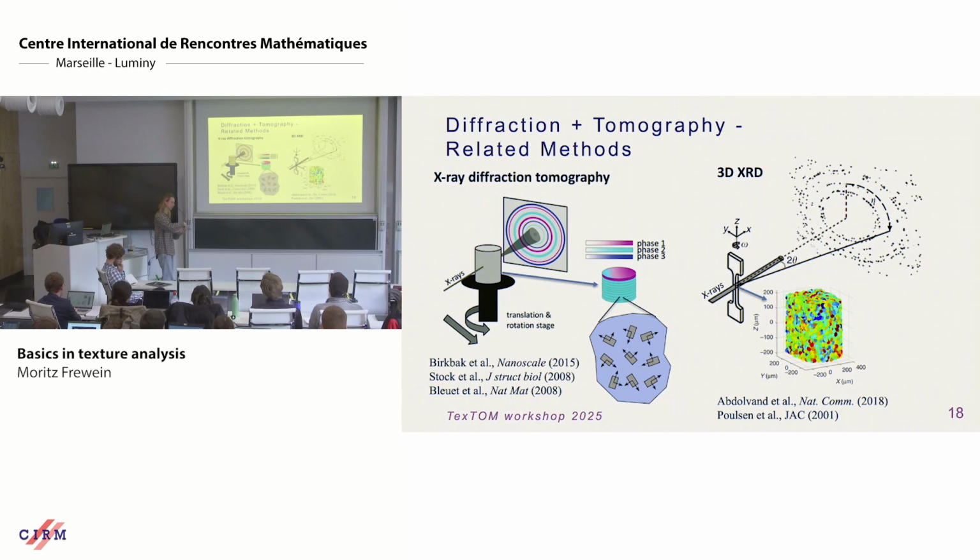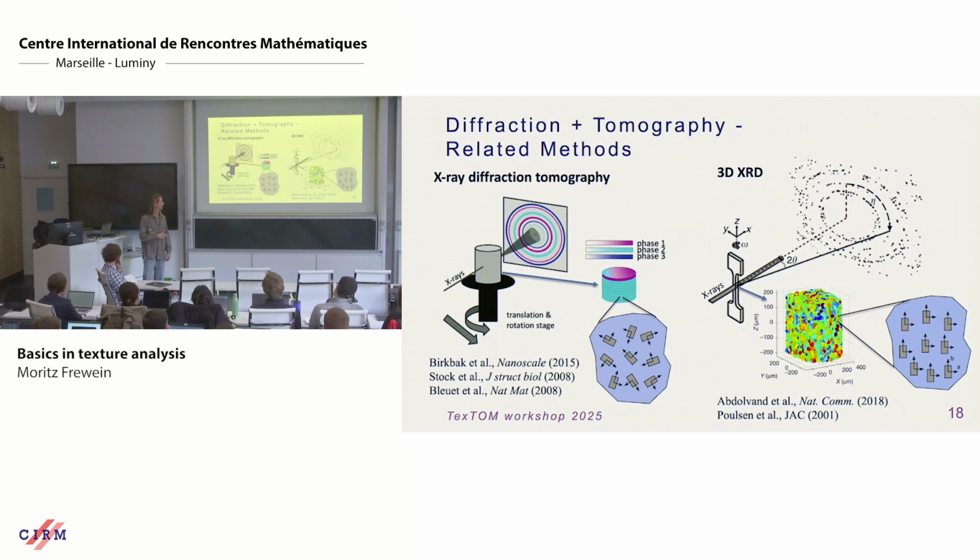If we rotate them around, this will again move in and out of Bragg condition, and one can pretty well determine the orientations of all the grains in this sample. So this would be the other case where quite a large portion of the sample would have very well oriented, very narrowly oriented crystallites.